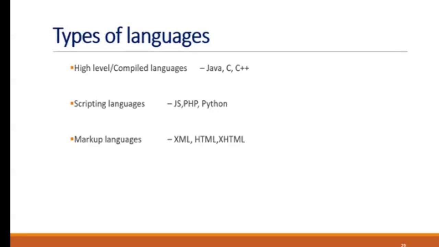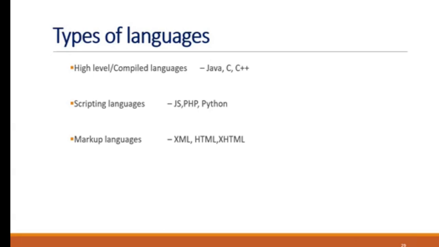So in HTML pages, we just display image, description, title, table, all these things, but you can't do any arithmetic things, or you can't make any function work by using these markup languages. But by using scripting language and high-level language, you can do that, right? So you have to keep that in mind.